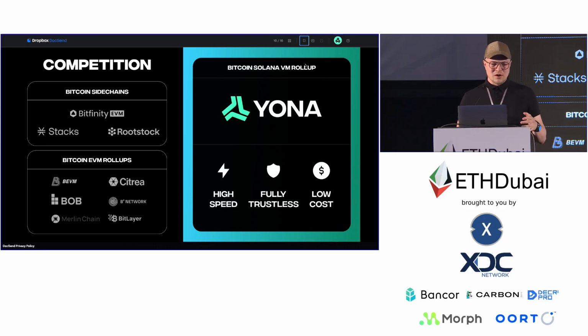There are a number of Bitcoin rollups, but all of them are EVM rollups. And as I mentioned before, Solana VM has an obvious advantage in terms of speed and low cost of transaction. And our solution is fully trustless, as our bridge is also built as an Eigen AVS.